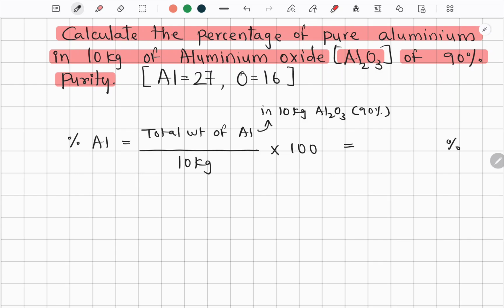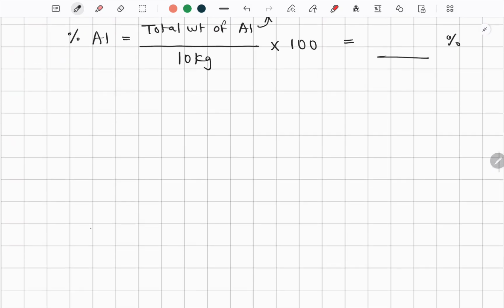Sir, how can we calculate that? First of all, let's see how we can tackle this question. Once we know this, we just have to divide it by 10 and multiply by 100, and we'll get our final answer. So first of all, out of 100%, only 90% is my pure Al2O3, the rest 10% is impurity, and in this impurity we do not have any interest.